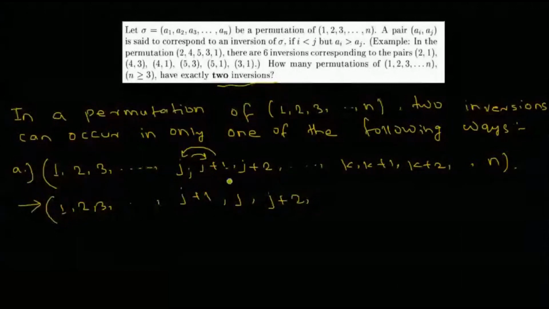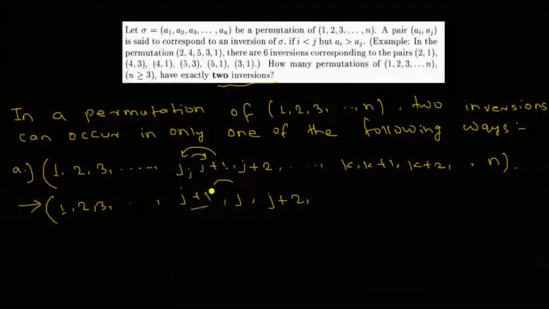So here, in the jth position, j plus 1 is here. So j is less than j plus 1, but aj is greater than aj plus 1.